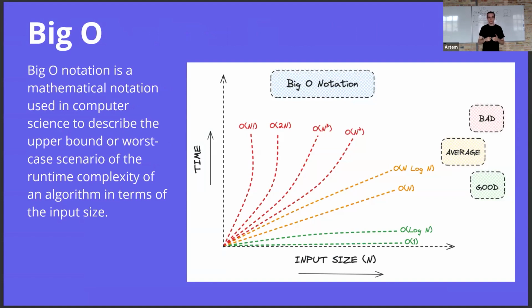The input is the number of cases. Logarithm. Yeah. Okay. Totally. So big O shows us the worst scenario for some algorithm.